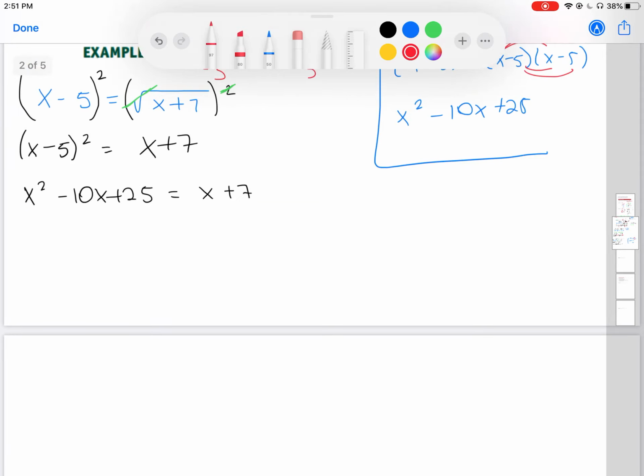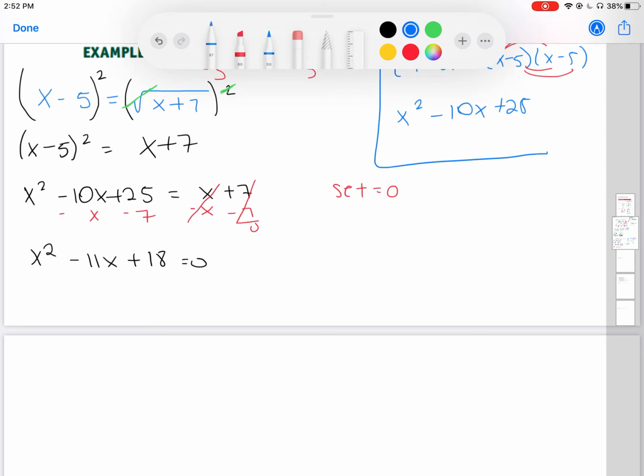Now remember, we have to set it equal to 0 before we can try solving. So let's go ahead and move that x. So minus x, minus x, minus 7, minus 7. We're left with x squared minus 11x plus 18 is equal to 0.